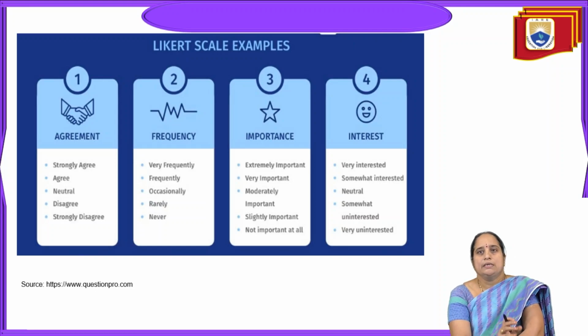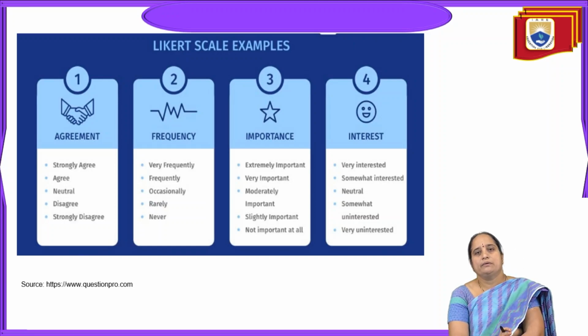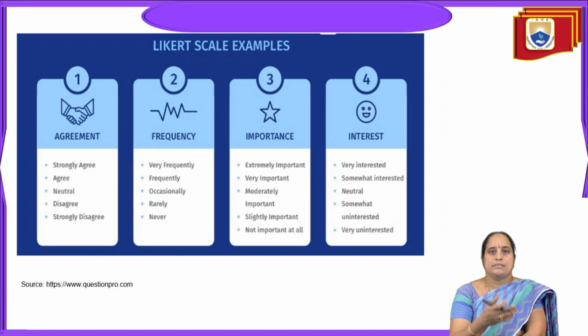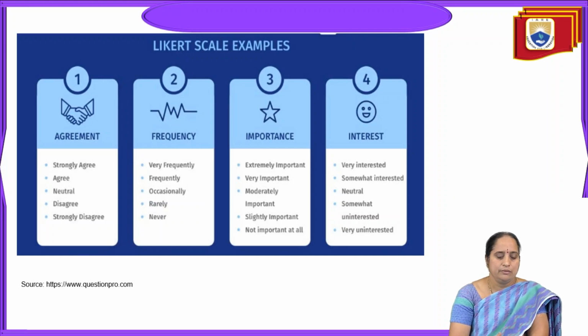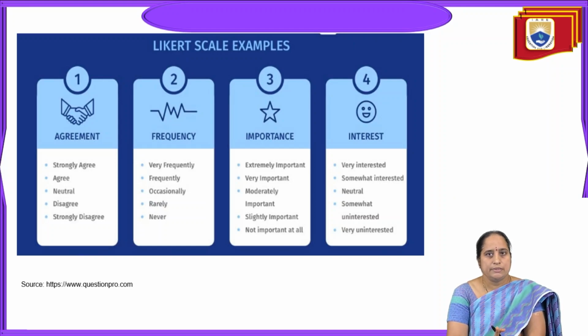Now Likert scale examples. The first one: if you want to measure agreement, then how do we set the scale? Strongly agree, agree, neutral, disagree, strongly disagree.